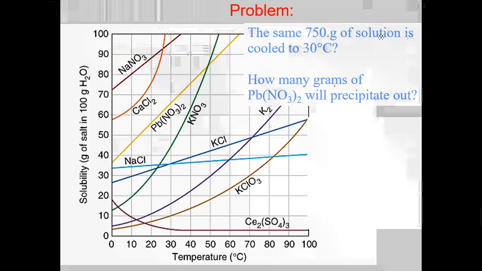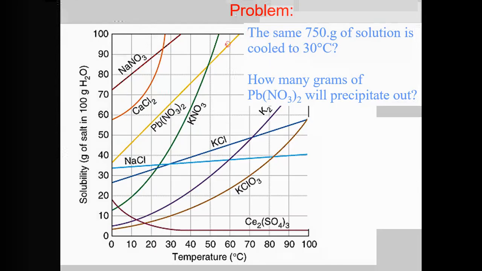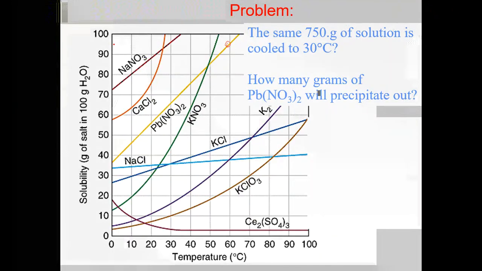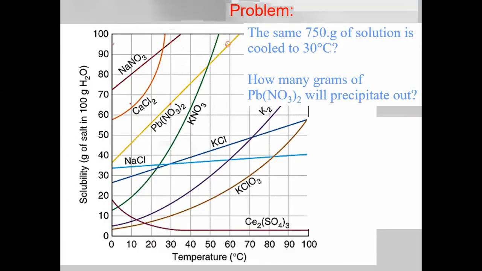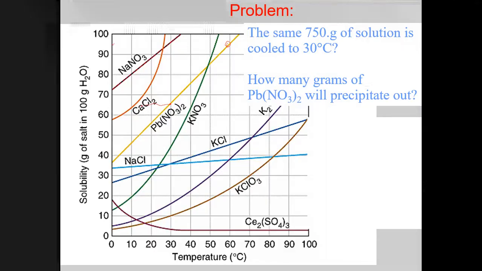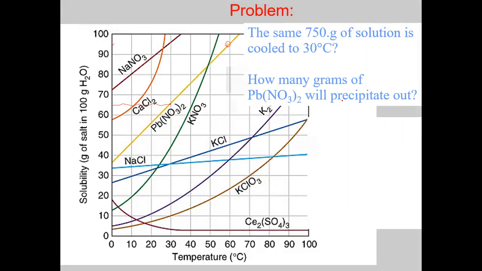At 60 degrees, we had 95 grams would dissolve in. But at 30 degrees, it might be 66, 65. I have a different amount. I can't draw a straight line. So some of it is going to fall out of solution. That's called a precipitate. When stuff falls out of solution, it's called a precipitate.